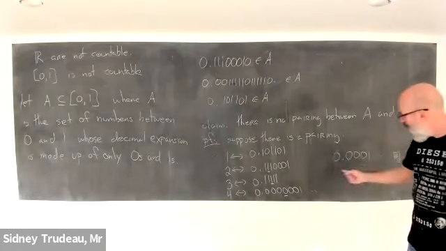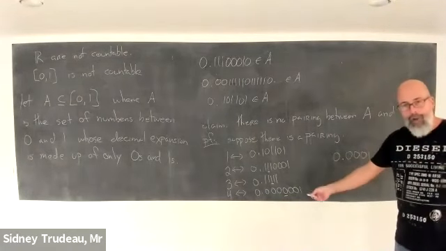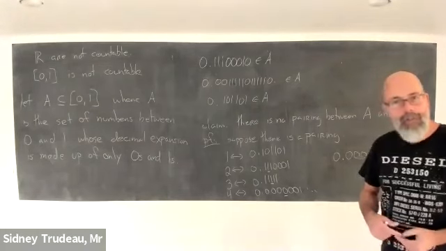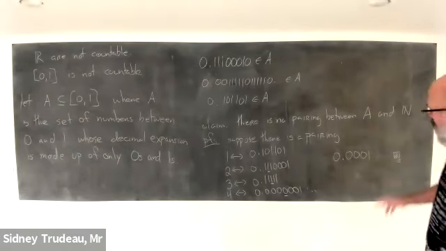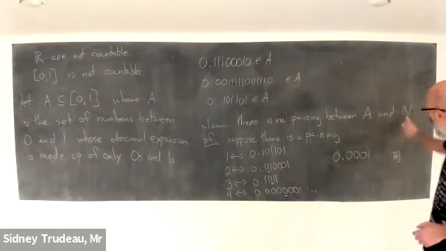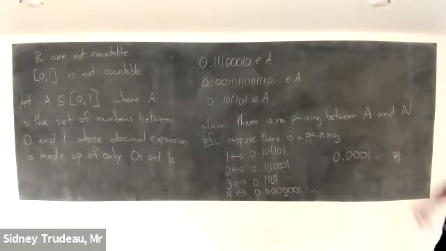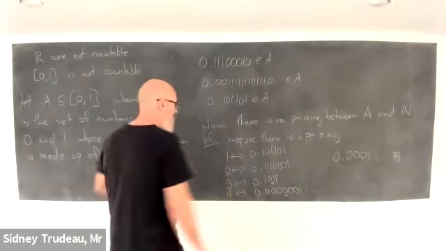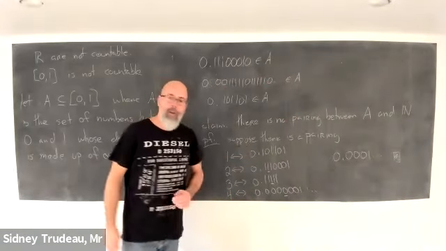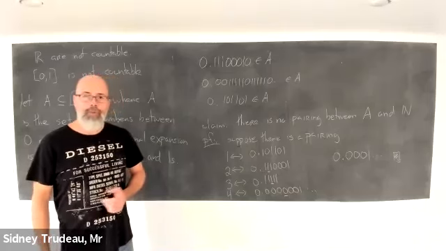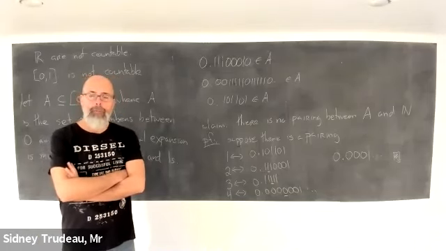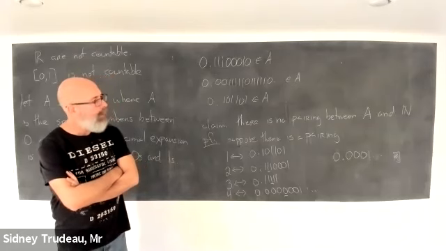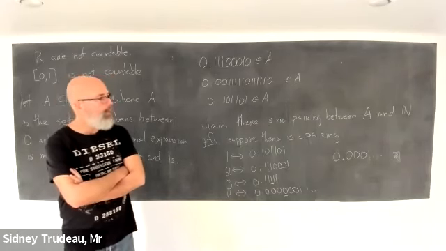So we've displayed a number which is not paired. This number doesn't have a pair, exactly that, right? This number is not paired with any of the numbers in the natural numbers. So the assumption we made must have been false, and the only assumption we made was that there was a pairing. There's no pairing between A and the natural numbers.